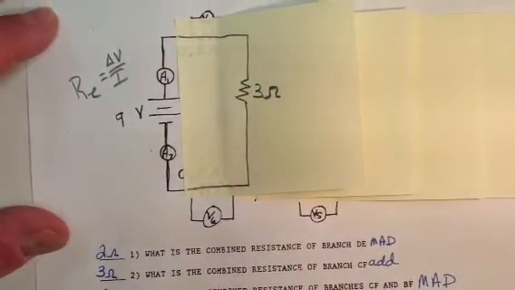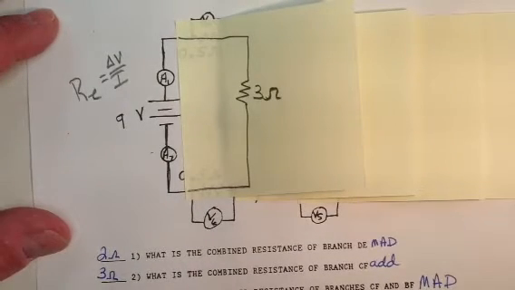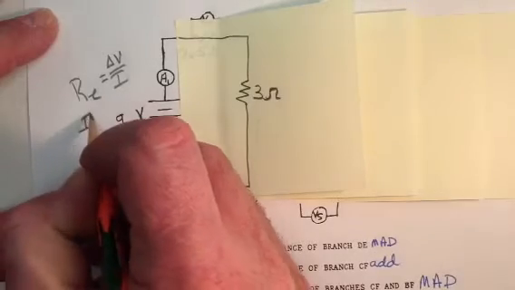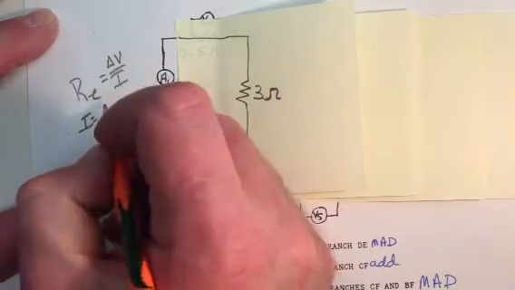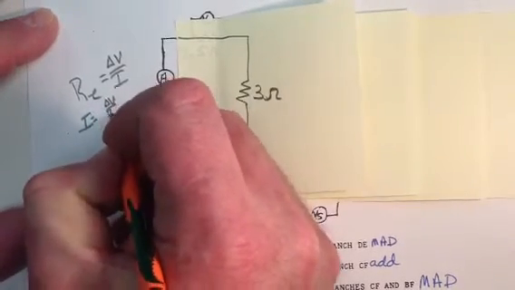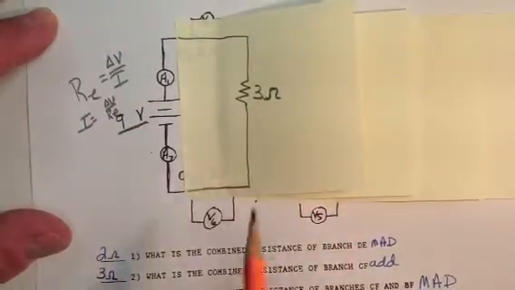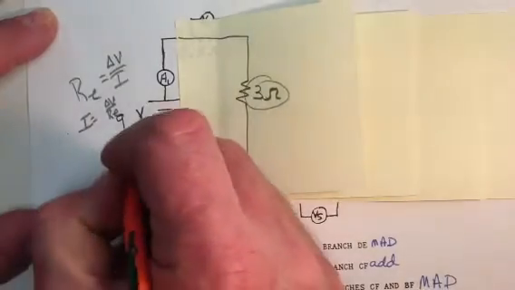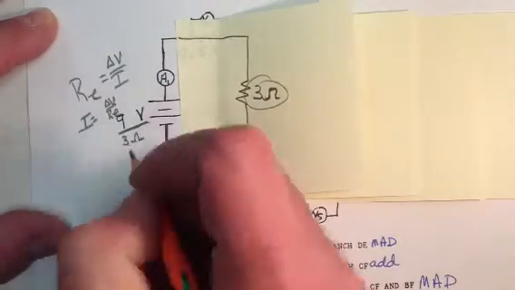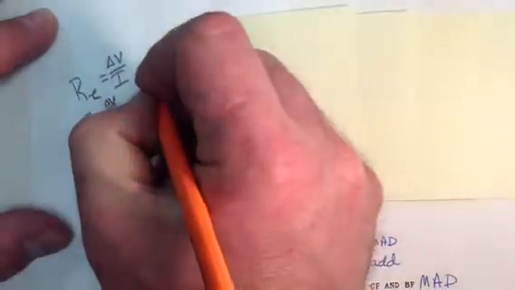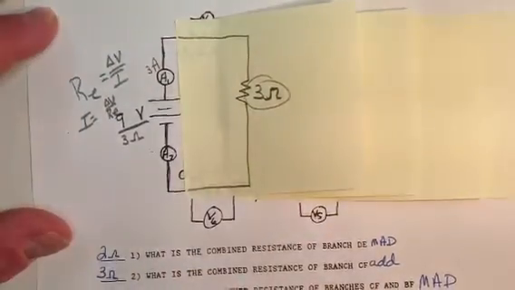This is the only time that I use the electrical resistance formula to find current. So we rearrange: current is voltage difference divided by resistance. Well, I have my voltage difference, I have my resistance, so 9 volts divided by 3 ohms is 3 amps.